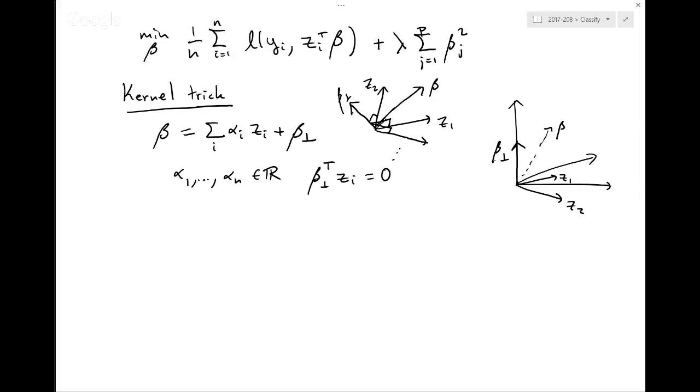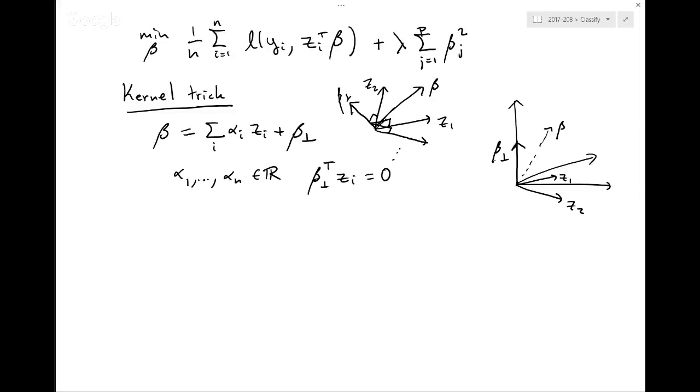So what you said is true, but it's not sufficient for what I want. What I want is that it's orthogonal to all of the zi's. To each of them. To each and every one. Okay, and the first property is always verified and the second is not always verified, is that right? So this beta can always be written in this way.